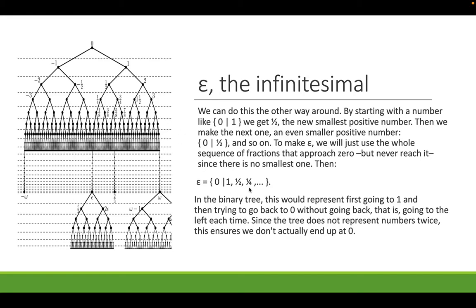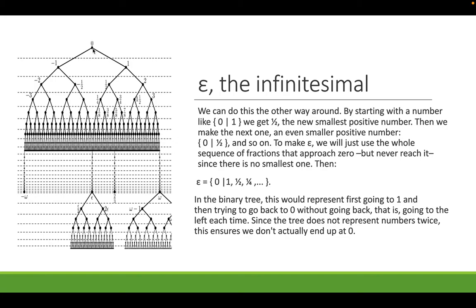We're just using the ones that are k over 2 to the n, like the ones that can be reached in finitely many steps, because that's the way we can go. Like this. In the binary tree, this will first represent going to 1, and then trying to go back to 0 without actually going back.